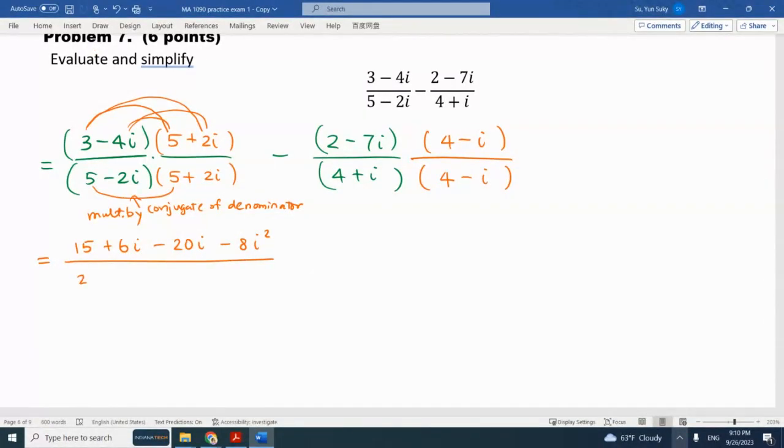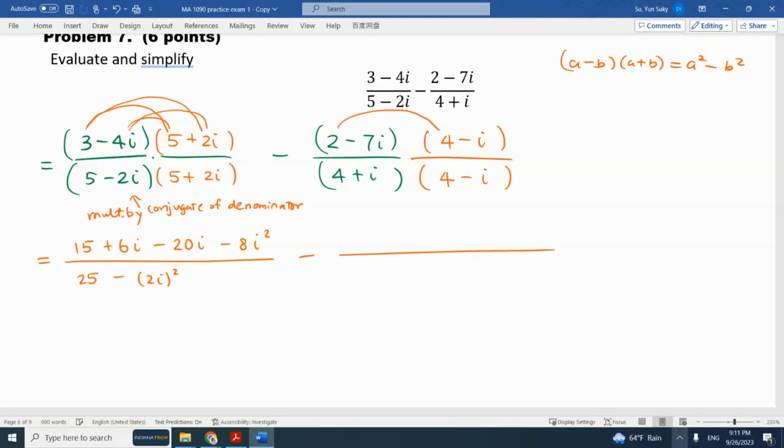And 5 times 5, 25. 5 times 2i is 10i. Oh, by the way, for the denominator, you remember a minus b times a plus b is a squared minus b squared. So you actually get 5 squared, which is 25, minus b squared, which is 2i squared. Yeah, we actually can do that.